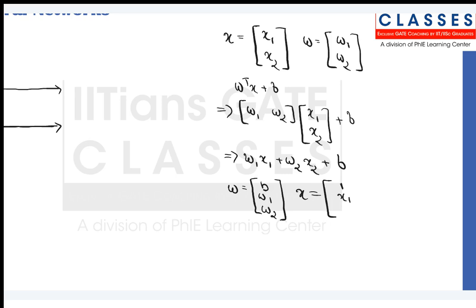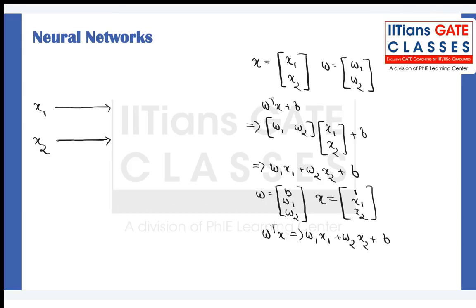So now if I do W transpose X, because I've integrated the B inside the W, it will be nothing but W1 X1 plus W2 X2 plus B, because B into 1. You are taking the dot product of two vectors. So B and 1, it will be B. The same thing. So my input is rather not a two element vector, it is a three element vector, which is x1, x2, and a new guy comes in, which is 1.